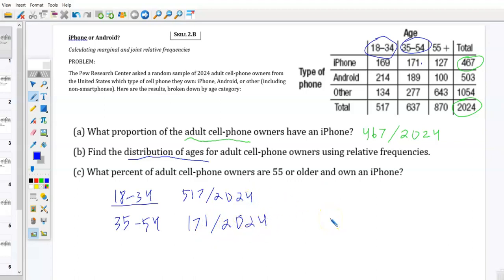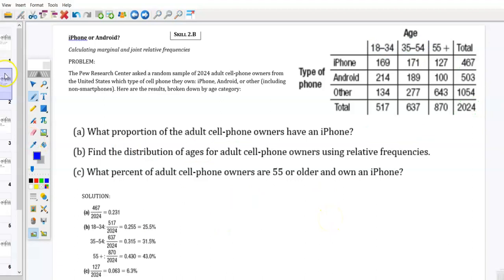And we can keep going with that. The next slide shows us the answers there. And then 43% for the third one. And finally, the question was, what percent of adult cell phone owners 55 and older own an iPhone?